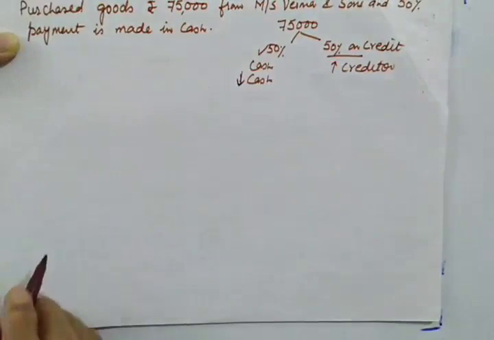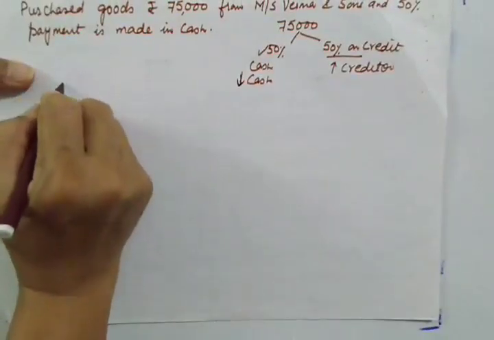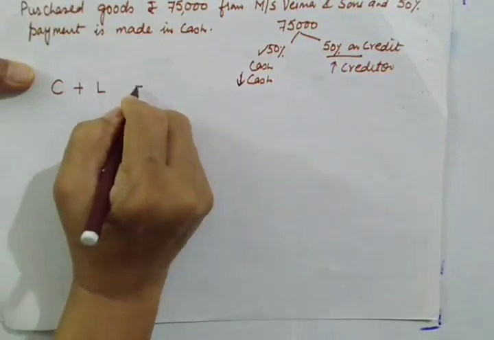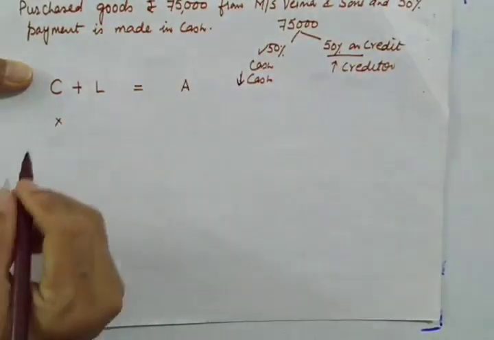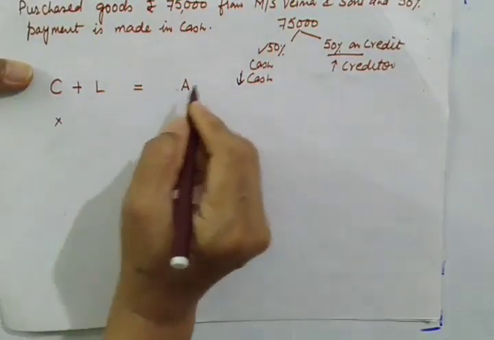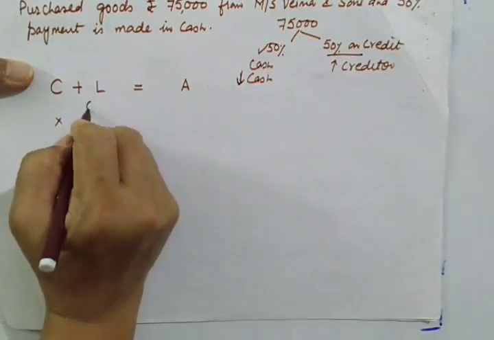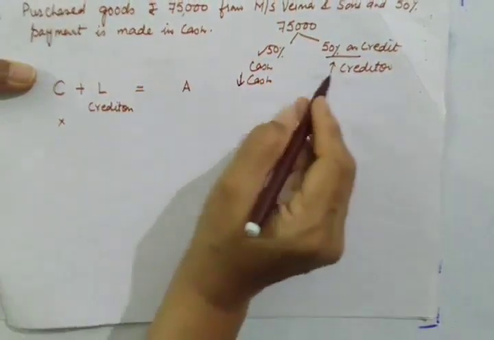So let us see how this is to be recorded in the accounting equation. This is our accounting equation, C plus L is equal to A. This is not going to impact your capital. Capital will remain as it is. In liabilities, you will have a new item, creditors, by 50%.